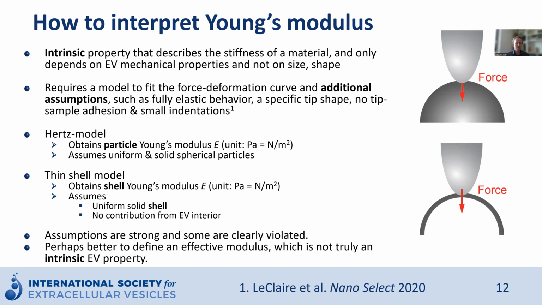It's also important to note that some AFM imaging modes allow you to directly obtain a Young's modulus during imaging, essentially because during imaging a force deformation curve is made at each sample point. This is true for the sub-resonance tapping modes.